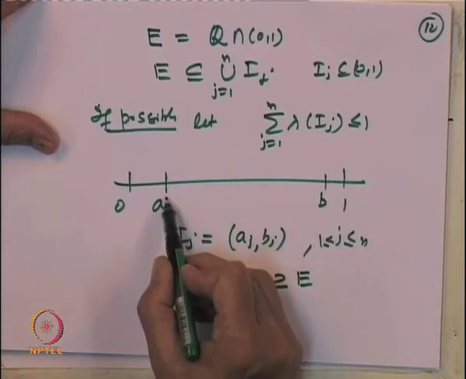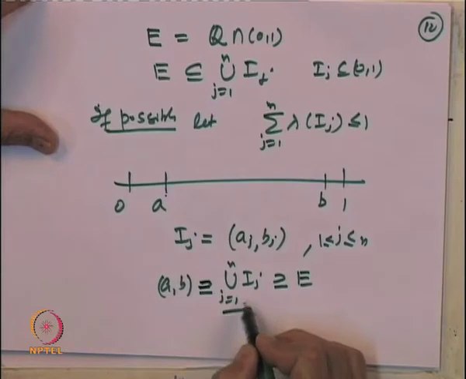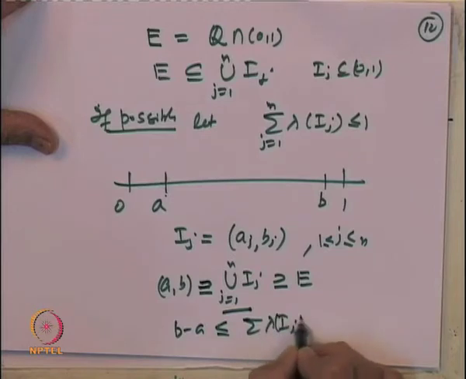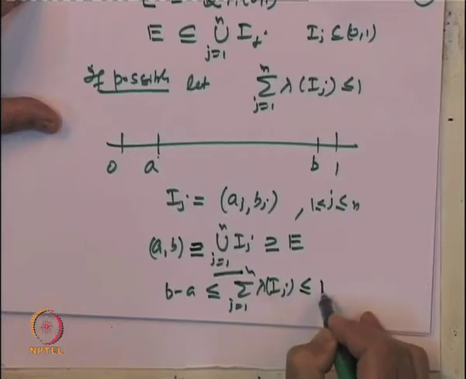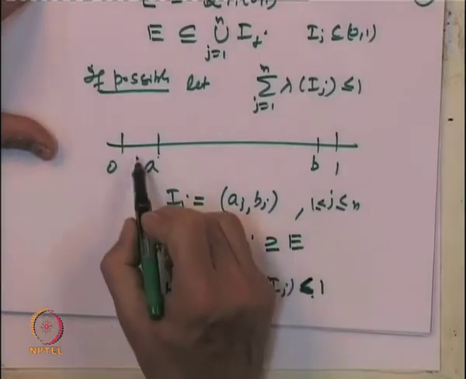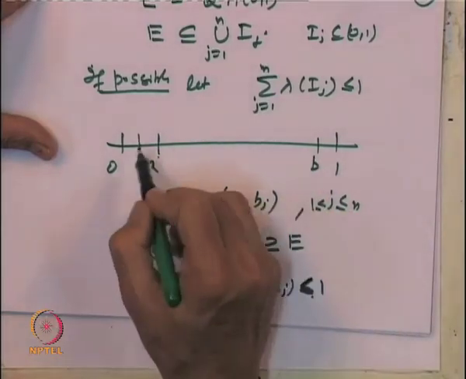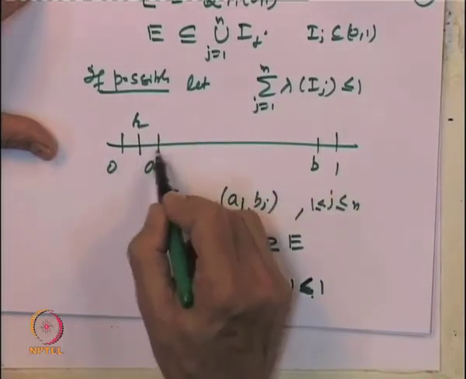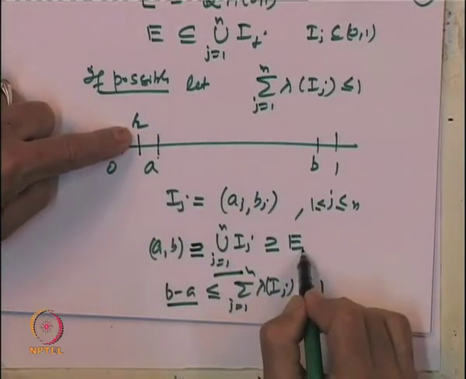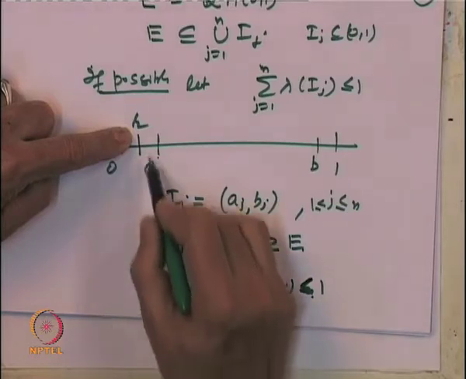Now, this number A, okay, so that means what? That means B minus A is less than or equal to the summation of the lengths of the I j's, j equal to 1 to n. And if that is less than or equal to 1, that means B minus A is strictly less than 1, so it has to be like this. But then there is a rational between 0 and 1 which belongs to E, and E is inside A B. So, that is not possible.